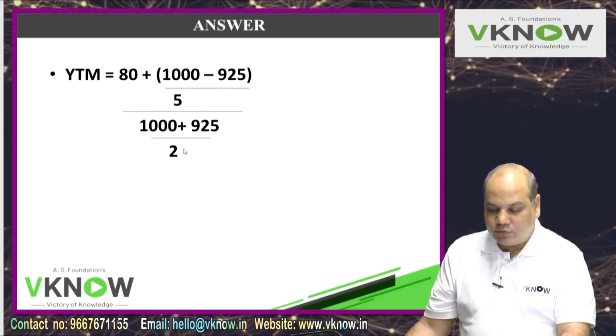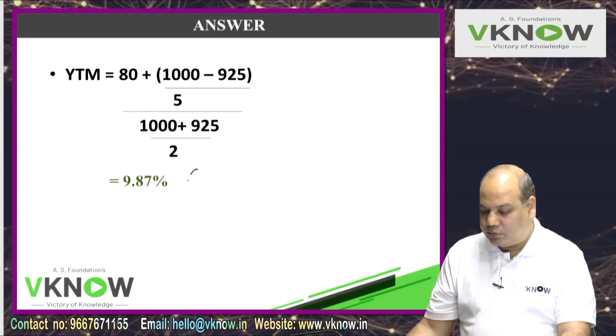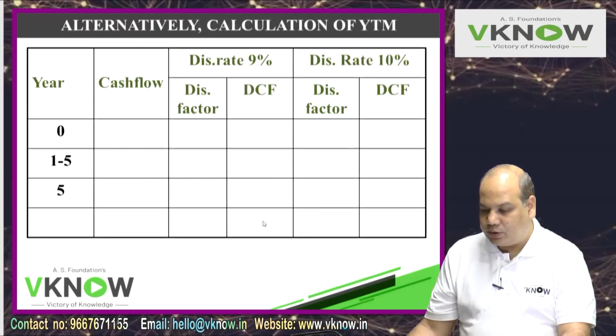Now here lies your intelligence and accuracy to solve it. After you solve it, just check the final answer. Is it 9.87%? Yes. When you are using the formula, you should write approximately.